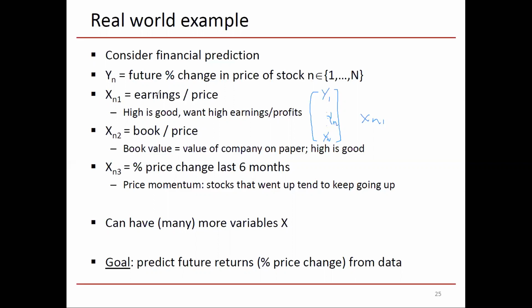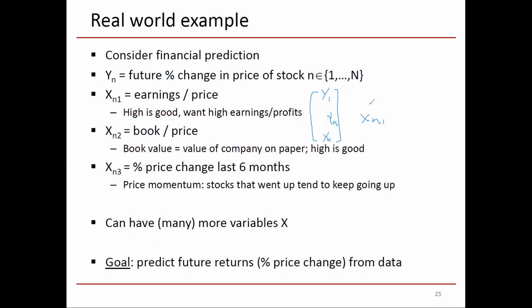Maybe Apple's earnings, their profits in a year might be $50 billion, and their price might be $1 trillion, and 50 billion divided by a trillion is 5%. All right, so 5% or 0.05 would be the earnings to price of Apple. Let's say there would be another company. Let's say the company has 0 earnings, okay? So irrespective of the price, the earnings to price is 0.